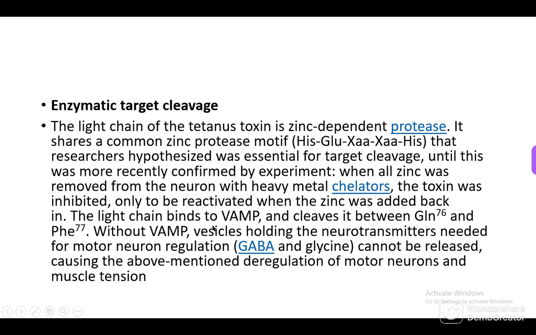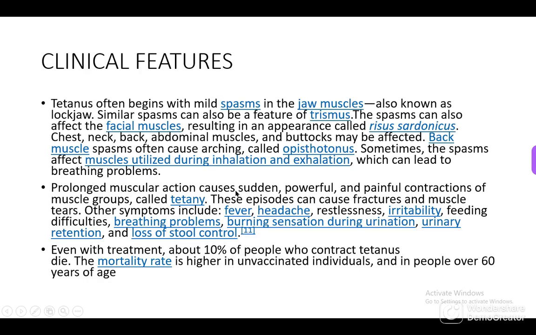So theoretically, if you block the zinc by chelation, the contraction which is going on will be gone. This is the concept; although it is not clinically beneficial, on the theoretical side, yes, it is.